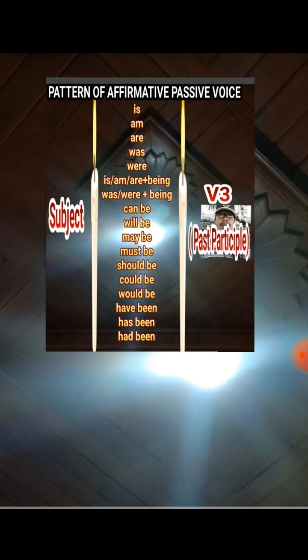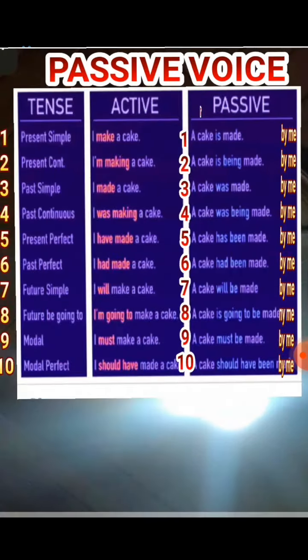For examples, now let's look at some of the examples of the sentence in the form of active and passive, in active voice and passive voice.